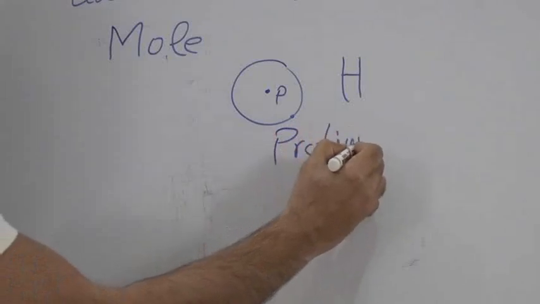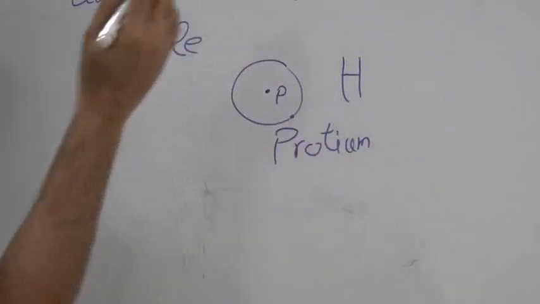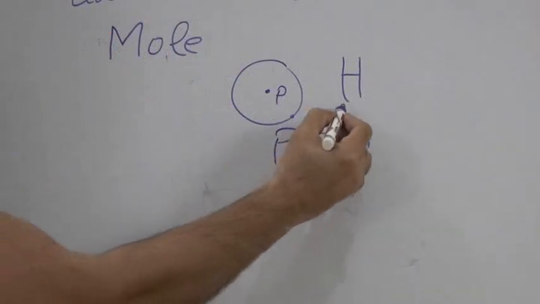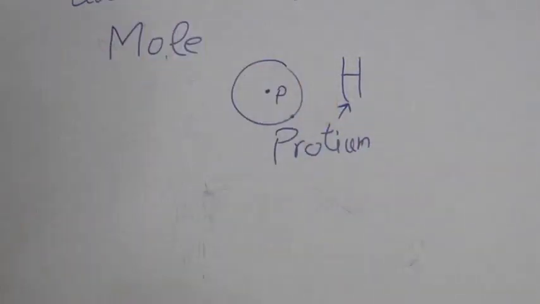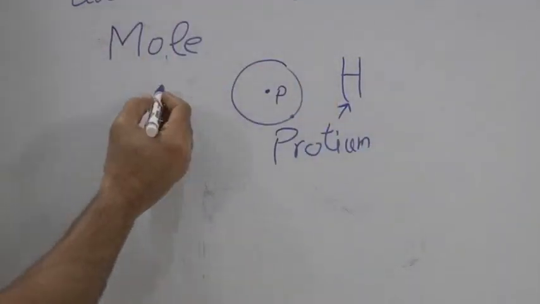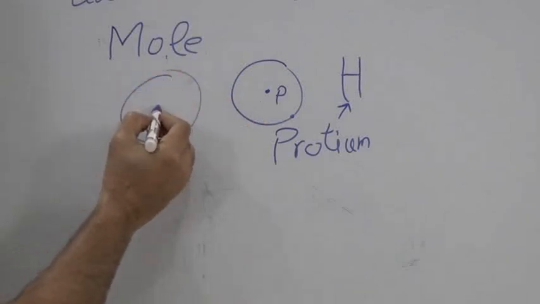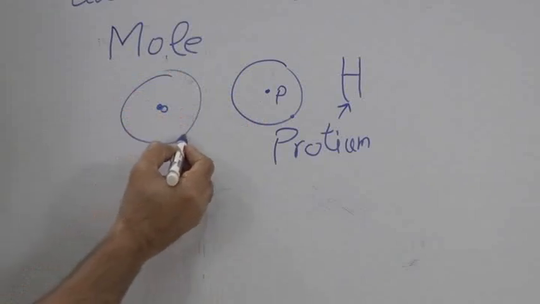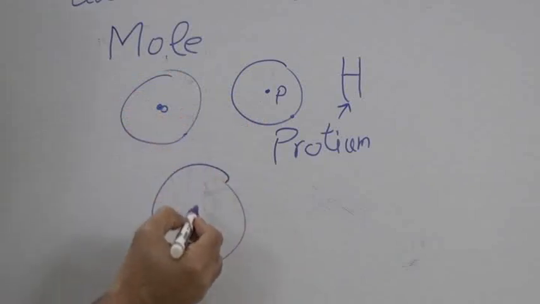Protium is the most abundant isotope of hydrogen. Other isotopes of hydrogen are deuterium and tritium.